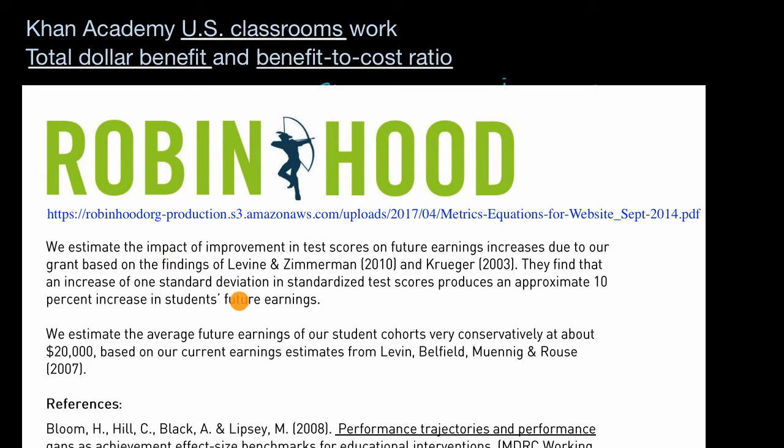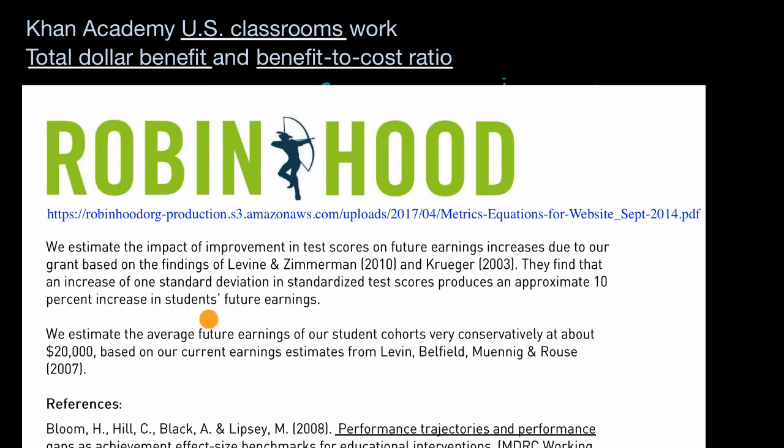And what they did for education interventions is say, all right, let's think about how many kids are getting the intervention, how many kids are getting to the right level of dosage, and then what does that dosage do for the students in terms of standard deviation improvements, and how does that translate into benefit to lifetime earnings for that student? So in their methodology, they didn't think about other positive societal externalities. They're very focused on what is the benefit to that student, and in particular, to poor and underrepresented students.